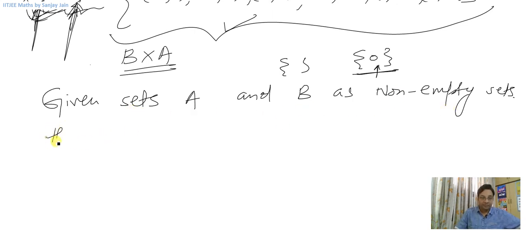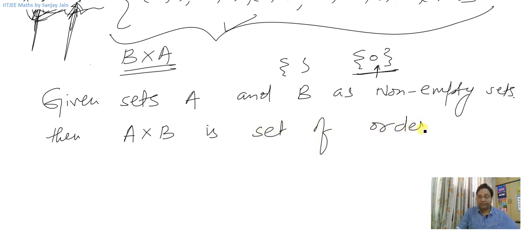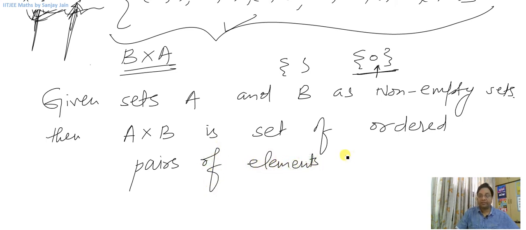Then A cross B is defined as the set of ordered pairs of elements from set A and set B. What does it mean? That set A has certain elements, set B has certain elements.